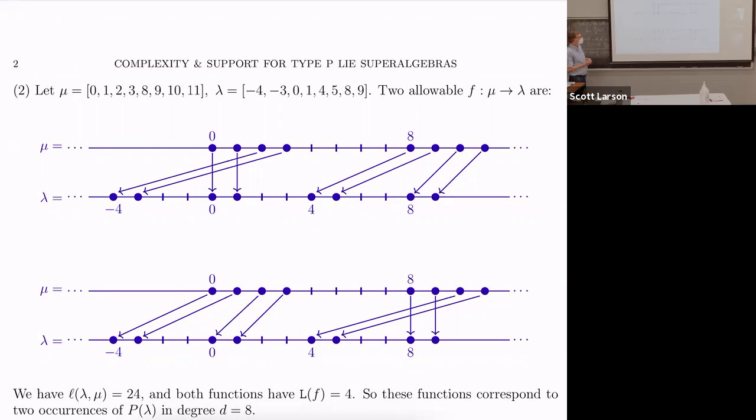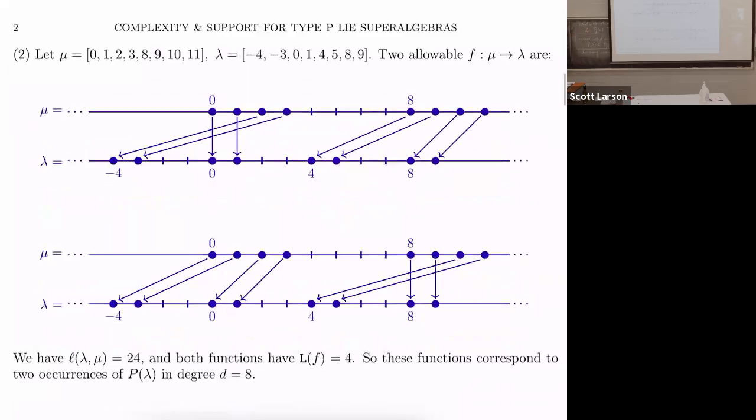So these pictures correspond in my projection to two occurrences of the same p lambda in the same degree 8, that's 24 over 2 minus 4. You can have the same indecomposable occurring more than once in a particular projective resolution.